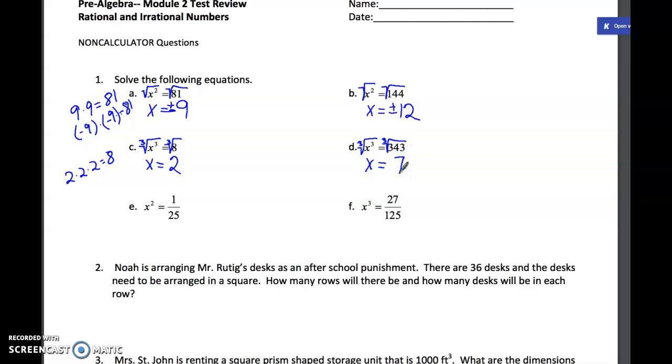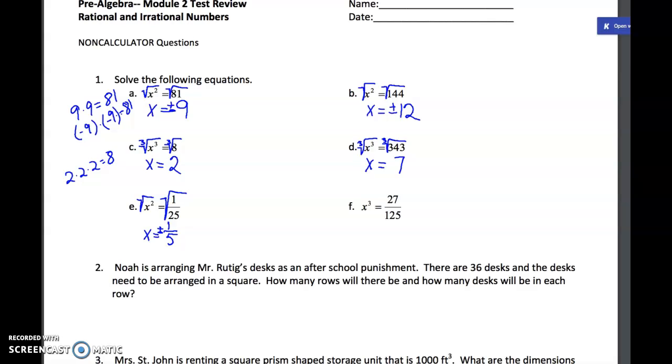E, squaring, got to do the inverse, which is square root. That's going to give us x equals, we do the square root of the top, square root of 1 is 1. Square root of 25 is 5, and this is a squaring equation. So remember that we have to do plus and minus, that both of those are answers.